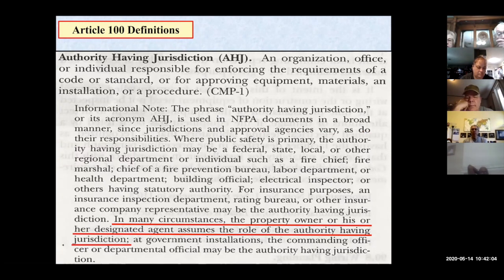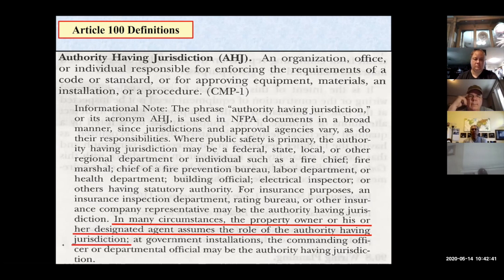But look at this bottom one. In many circumstances, the property owner or his or her designated agent assumes the role of the authority having jurisdiction. Now, we have places all over the state that do not have an incorporated city. We're out in the county somewhere, and even though the state of Texas licenses all over the state, the electrical inspectors that work for the state are just a few, and they can't inspect everything.